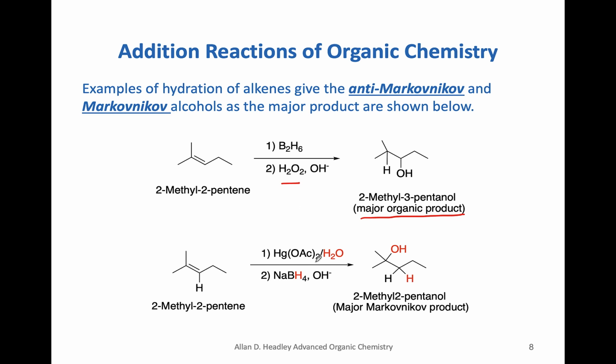Using mercury acetate in the presence of water, followed by reduction, notice a two-step reaction, gives the Markovnikov product as the major product here. So just to review, the Markovnikov product is the hydrogen adding to the carbon which has the most hydrogens, and here it is. And of course the OH adds to the carbon with the least number of hydrogens, which is 0. So that's the Markovnikov addition.